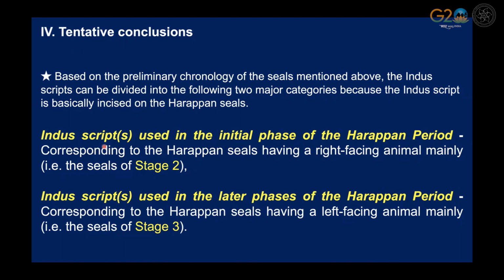Based on the preliminary chronology of the seals discussed in this paper, the Indus script can be divided into the following two major categories. First, Indus script used in the initial phase of the Harappan period. Next, Indus script used in the later phase of the Harappan period.